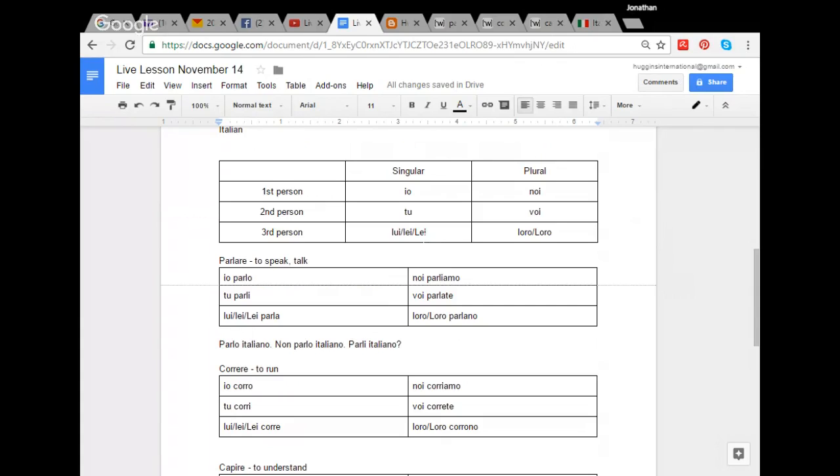With this capital L, it's a formal pronoun that we use to talk to people older than us or people in authority to show a sign of respect. And then noi, voi in these plural forms, and then loro, and again this Loro with the capital L is to show respect to a group of two people you want to be respectful for. Otherwise, tu would be informal, like to a friend, and voi would be to a group of friends, somebody your age.